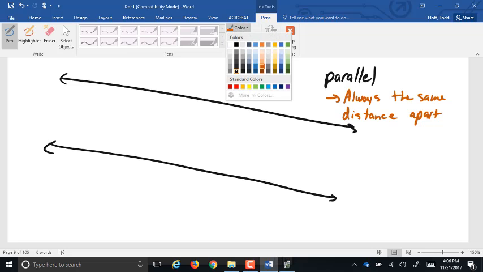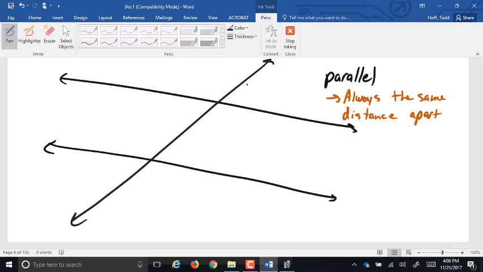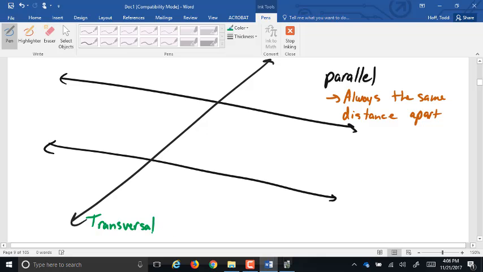We don't need to get that fancy. Whenever I have two or more lines, and then there is another line that cuts across them, it's a transversal. A transversal literally means transverse or cut across.